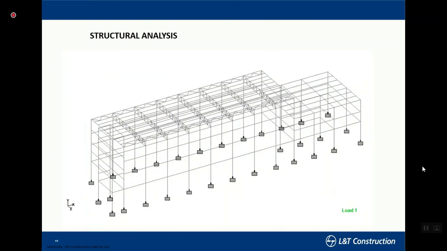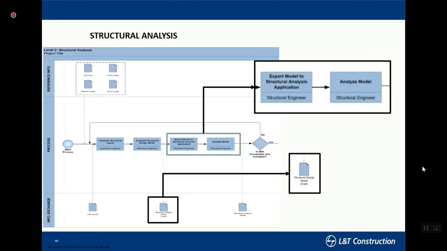So basically if you see, this is how it will look. What I do next is export this model which I have done. For example, if I am doing it in a tool such as Revit, I export it to the analysis tool such as STAAD or RISA or ETABS, etc. to analyze the structural model.